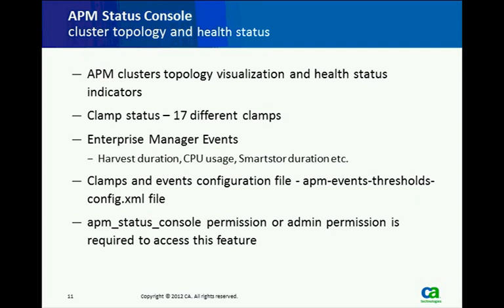And by health status, these indicators are really driven from a couple of different things. The first is the clamp statuses. We've had customers telling us, we've had a lot of different ways to control the amount of data that goes to the Enterprise Manager, and we have clamps that are set in place.